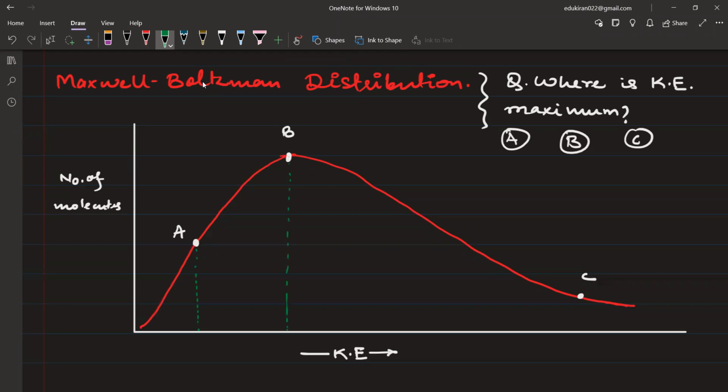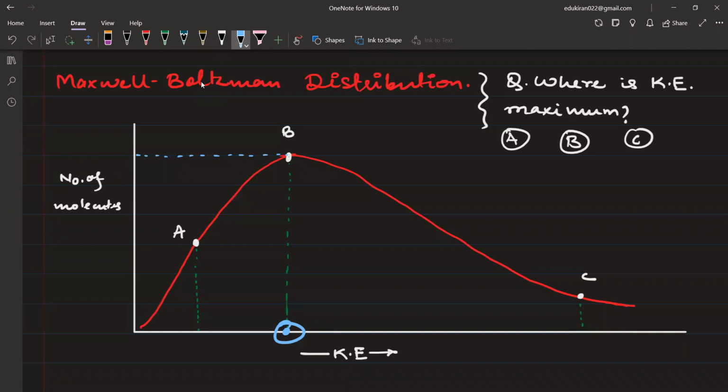Okay, so C is the maximum kinetic energy. This is a rookie mistake. B looks higher, but B corresponds to the number of molecules. That means most of the molecules are having this much kinetic energy. B, right? Most of the molecules are having this kinetic energy.